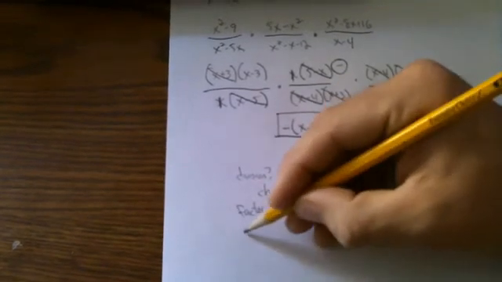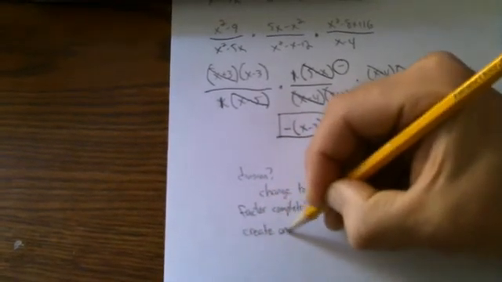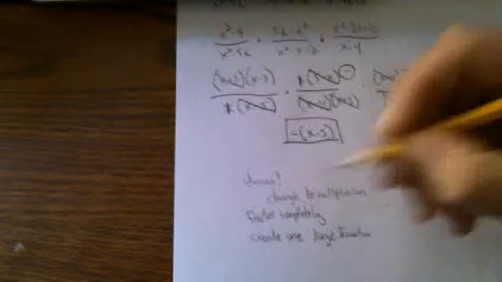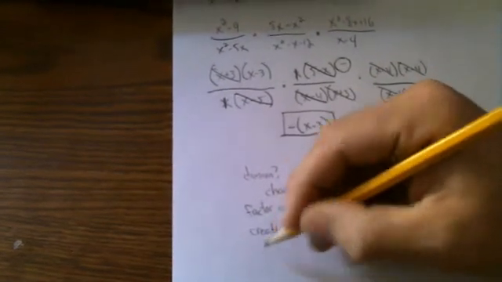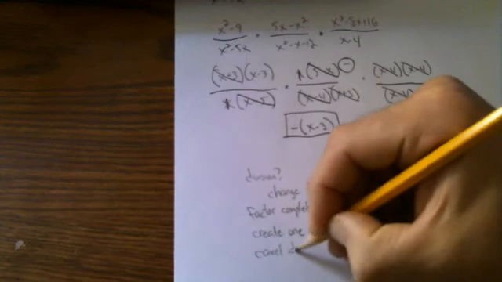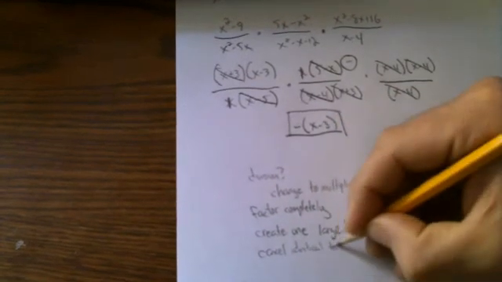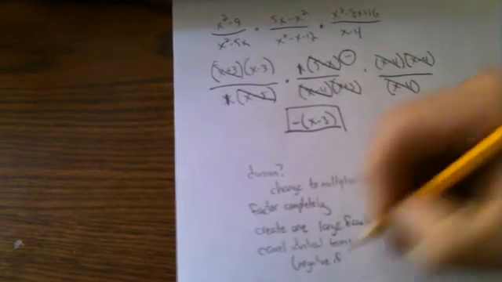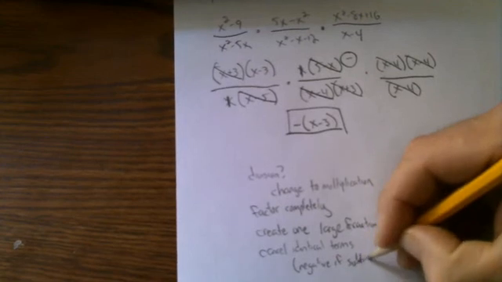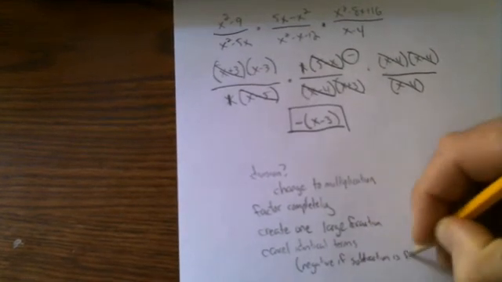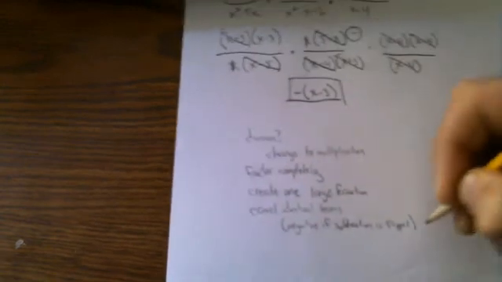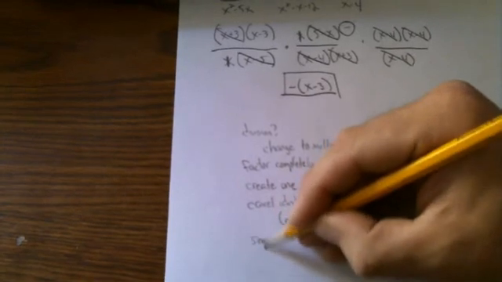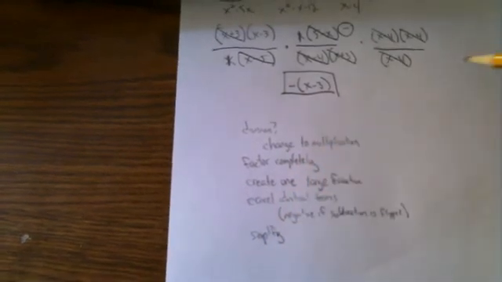Then you make it one fraction. Then you can cancel identical terms. A negative if subtraction flips. Then you simplify, and that's it.